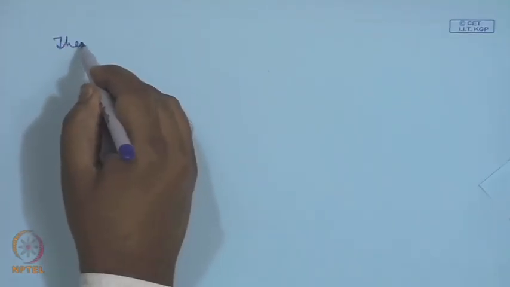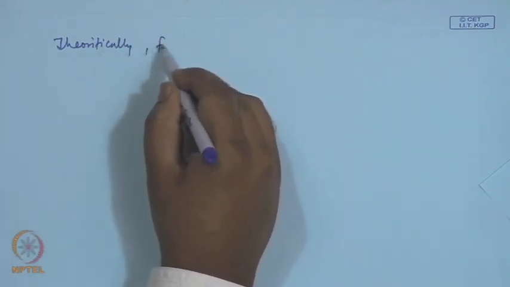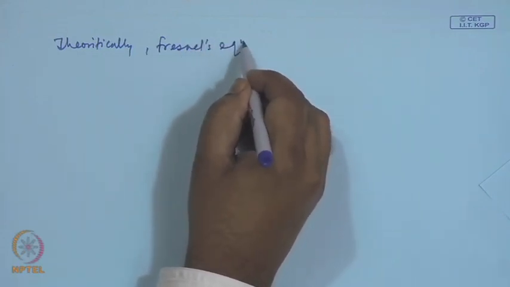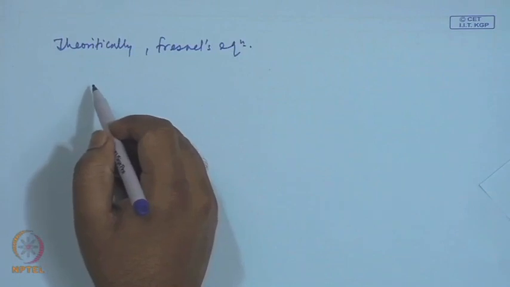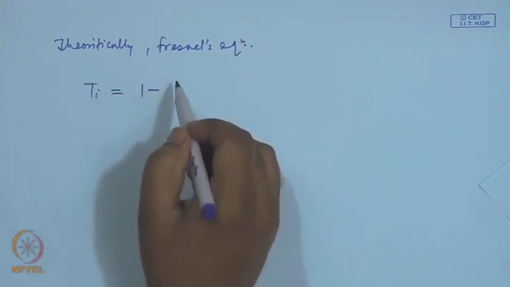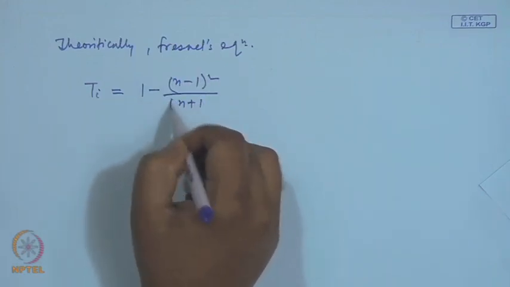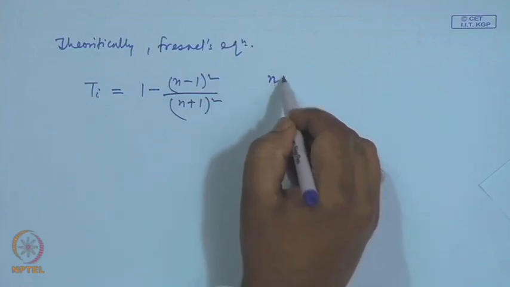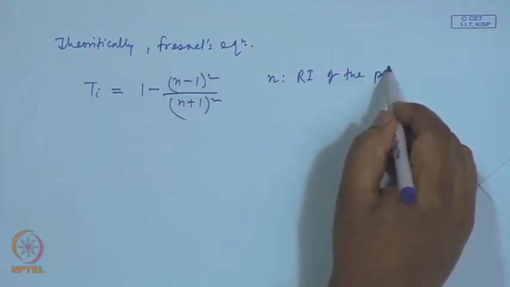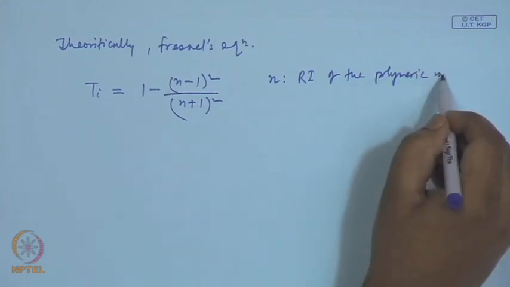So, theoretically from Fresnel's equation, the maximum transparency is given by this, where n is the refractive index of the polymeric medium.